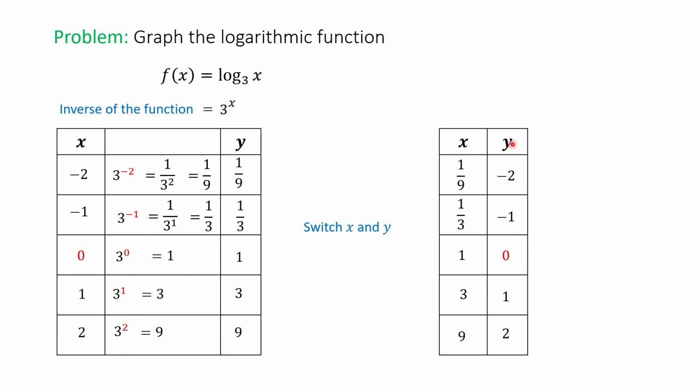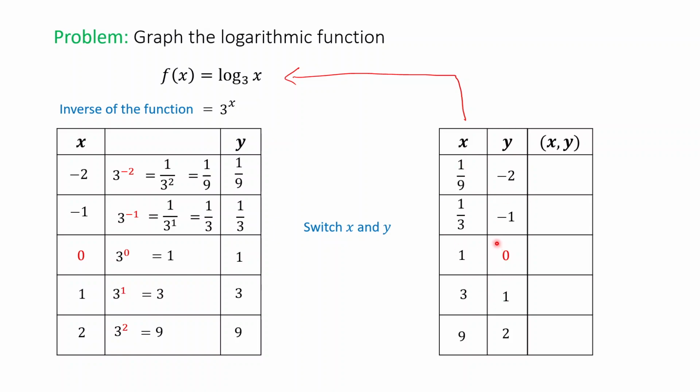Now this table represents this logarithmic function. So you need to draw the graph for this table. So the x comma y values are 1 over 9, -2, 1 over 3, -1, 1, 0, 3, 1, 9, 2.